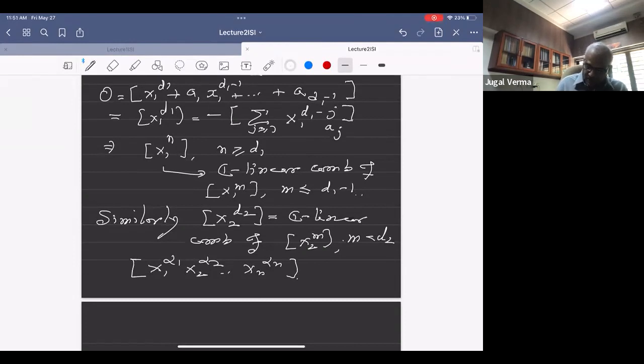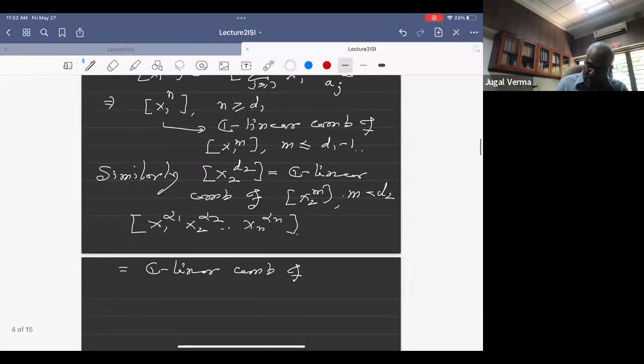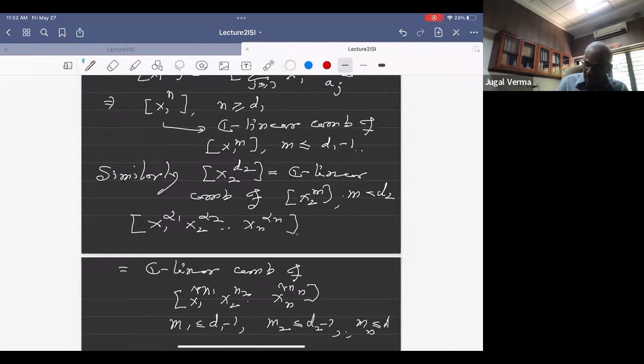So this is a C linear combination of monomials x1 to the m1, x2 to the m2, xn to the mn, where m1 is less than or equal to d1 minus 1, m2 is less than or equal to d2 minus 1, mn is less than or equal to dn minus 1.